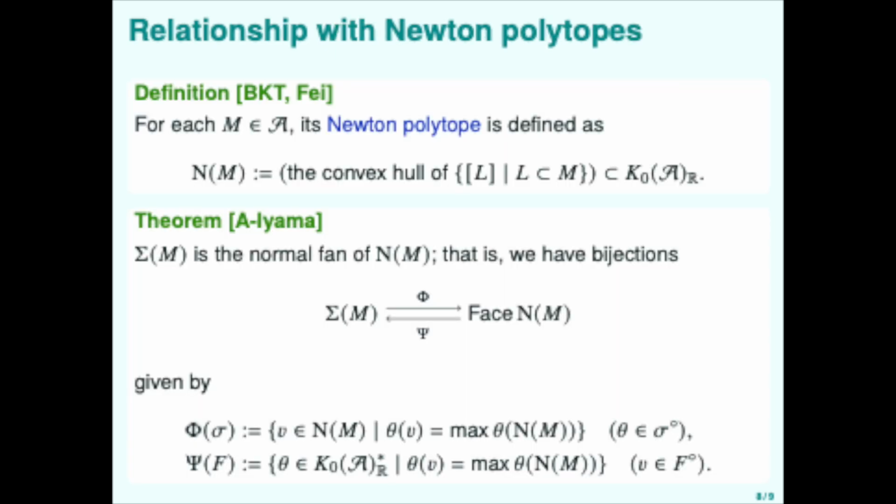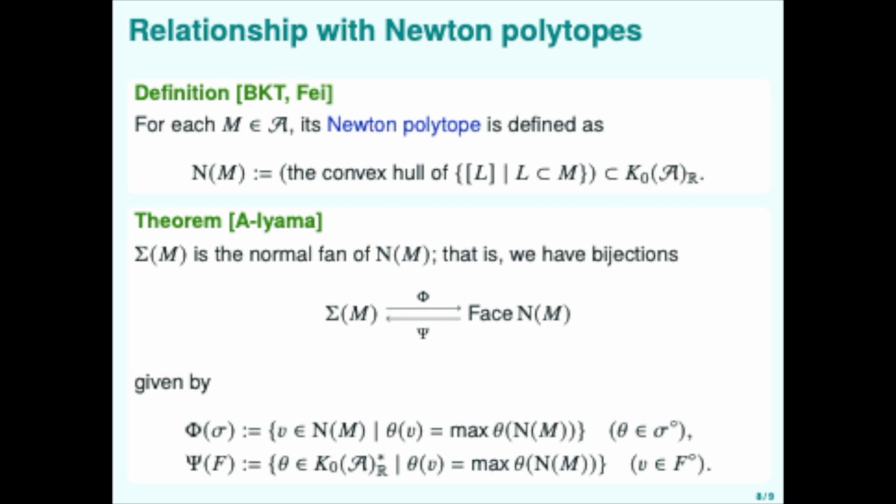And actually, our result in the previous slides follows from a stronger result on the relationship with Newton polytopes. For each object M in A, its Newton polytope is defined as the convex hull of the set consisting of L in the real Grothendieck group K0 A R, not K0 A R star, where we consider all sub-objects L of M. And we showed that sigma M is a normal fan of the Newton polytope.